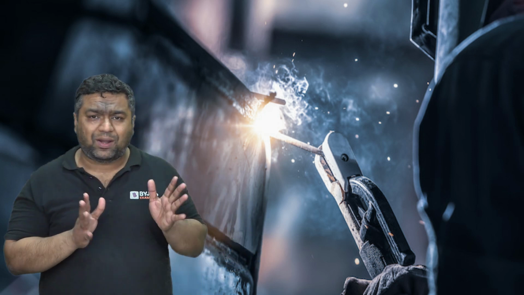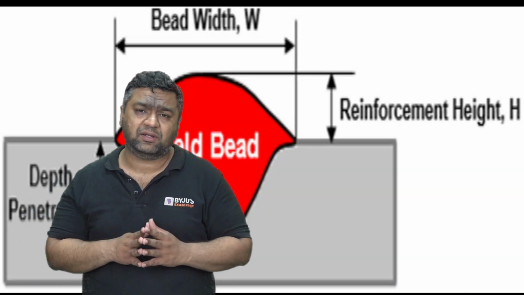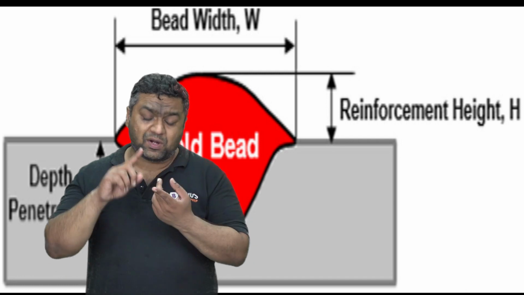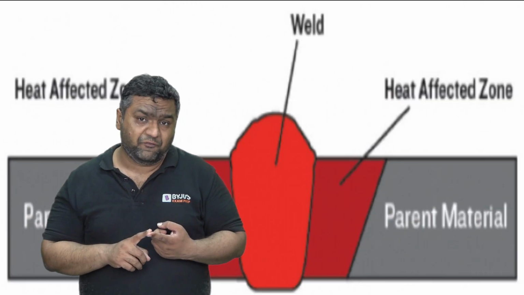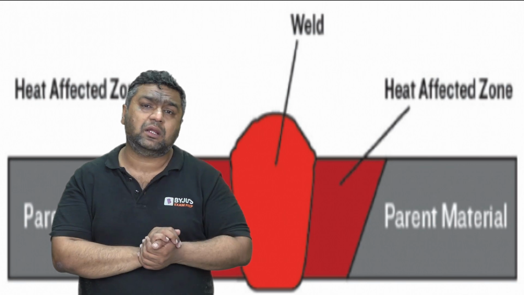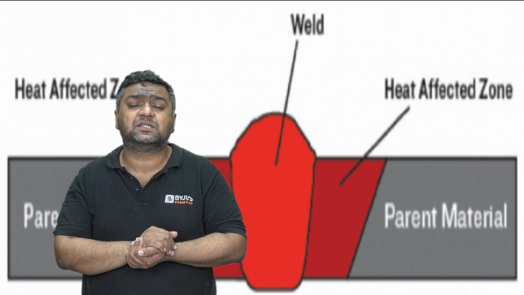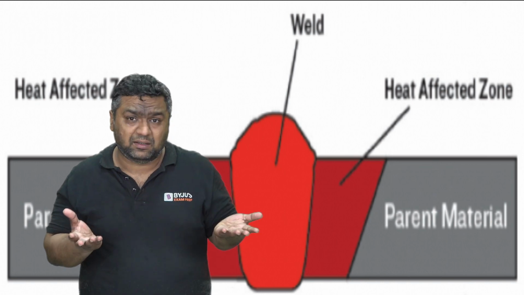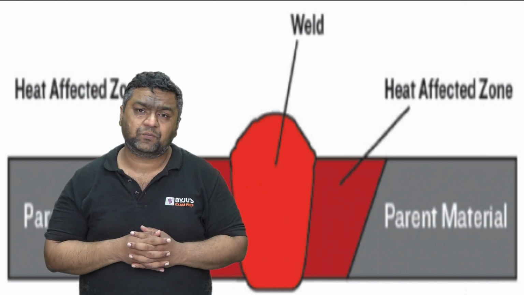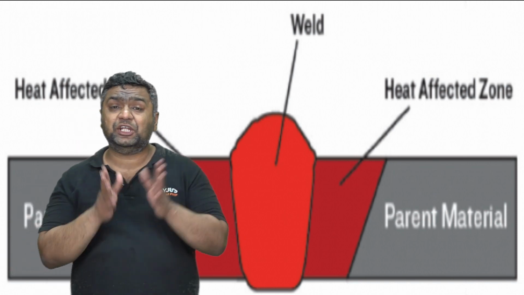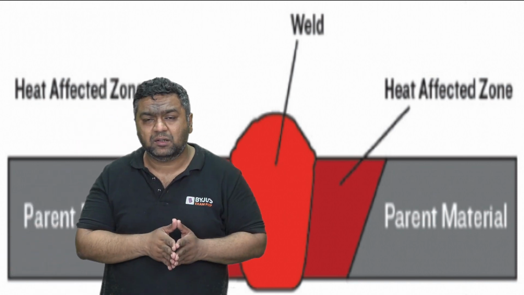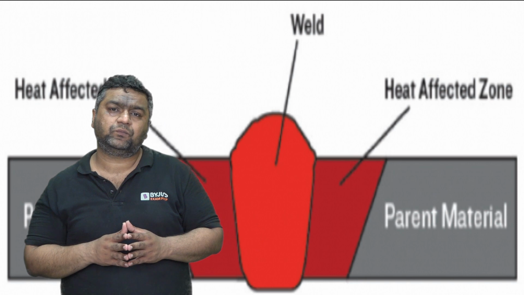In this welding, if you see the weld bead geometry, there are three regions. The first region is the weld bead, which is the solidified molten pool. The second is the parent metal onto which you are making the weld. The third is the region near the welded part, which is said to be the heat affected zone.